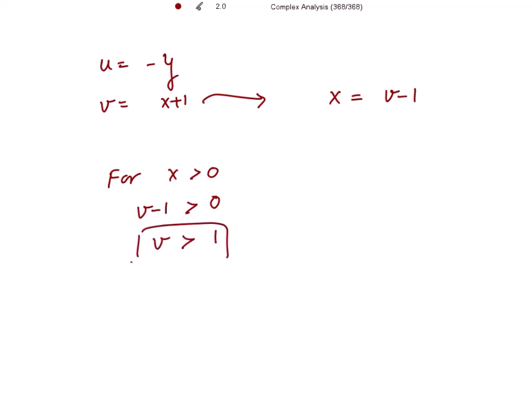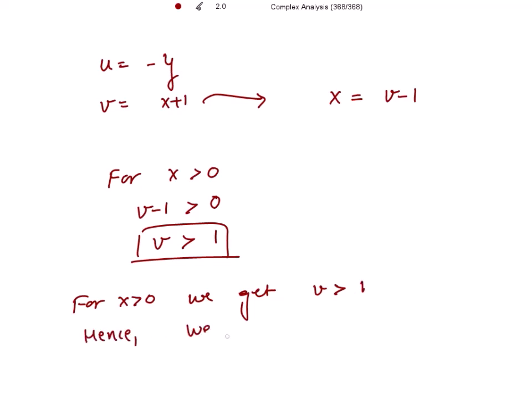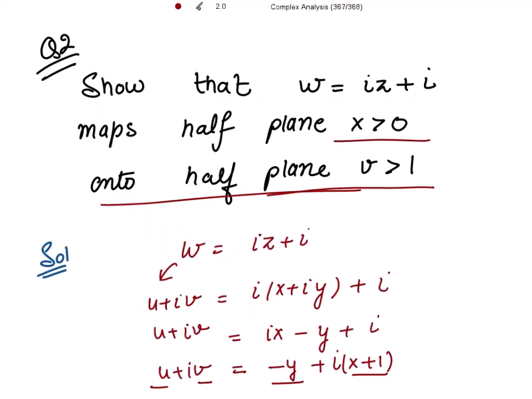This is what is required. So for x positive, we get v greater than 1. Hence, we get the required result. Right? Okay, thank you. Stay blessed.